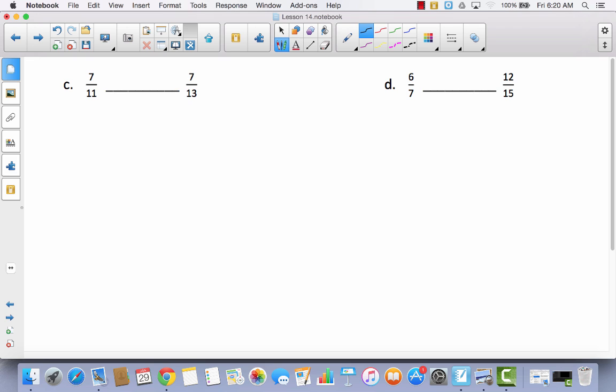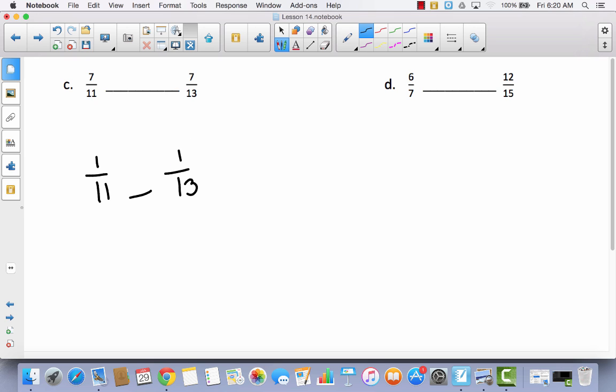All right, let's take a look at C. You'll notice that our numerators are the same. We have 7/11 compared to 7/13. Now, we're not going to draw a model on this one, but we could. But here's what I want you to think to yourself. Which would be greater, 1/11 or 1/13?